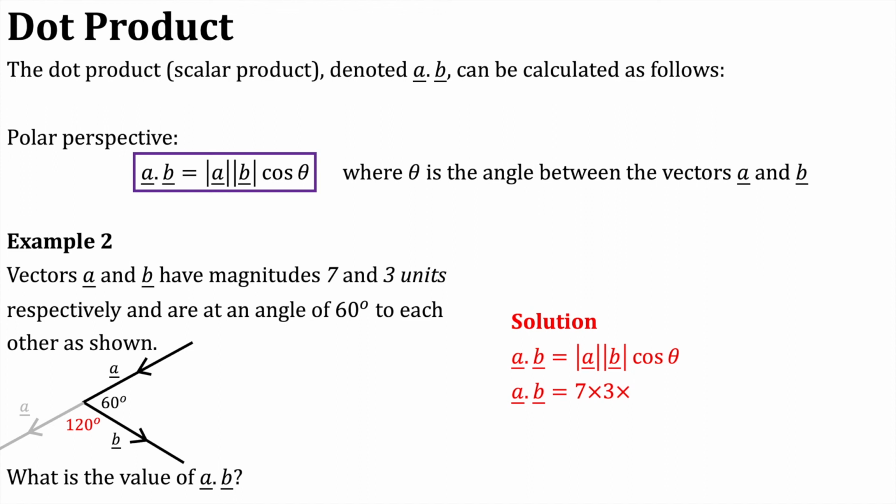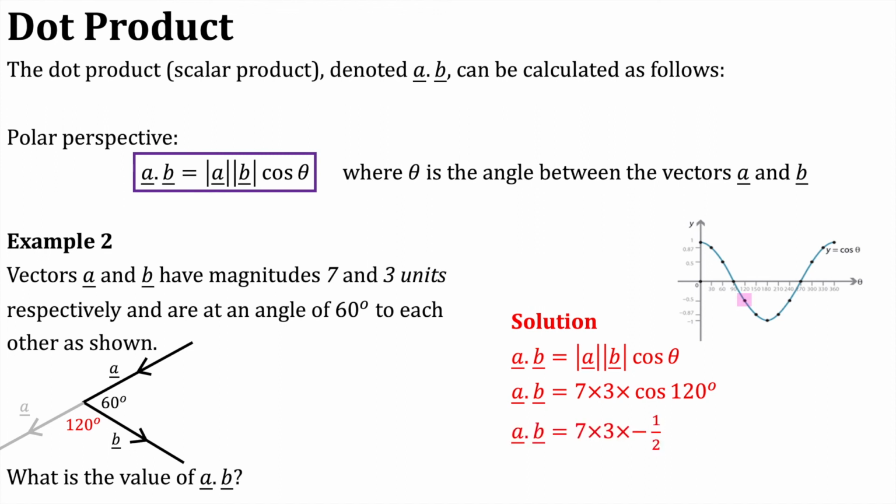So here we've got cos 120, and if we have a look at our diagram of the cosine graph, we know that cos of 120 has an exact value of negative a half. So we've got 7 multiplied by 3 multiplied by negative a half, which gives us negative 21 over 2.